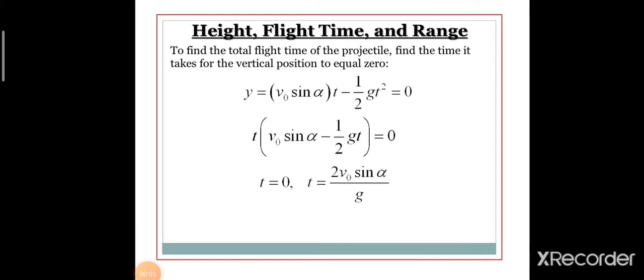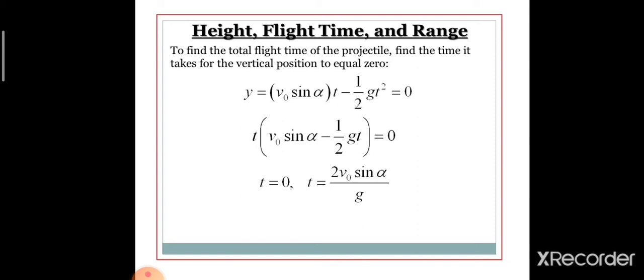To find the time taken by the projectile to reach the ground, we have to find the time it takes for the vertical position to be equal to 0, because at the ground the vertical height y will be 0. So taking the equations for y, we know y displacement is equivalent to uy t plus half ay t square.